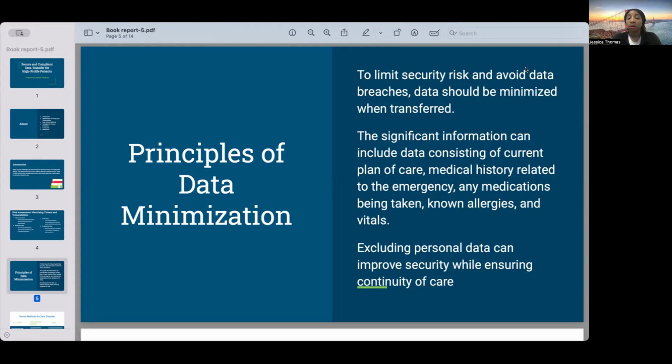All other personal data should be excluded to improve the security while ensuring the possibility for continuity of care. So basically removing non-essential historical medical information, performing regular audits and purging any unnecessary data, and implementing strict need-to-know access protocols, and we will get into that shortly.